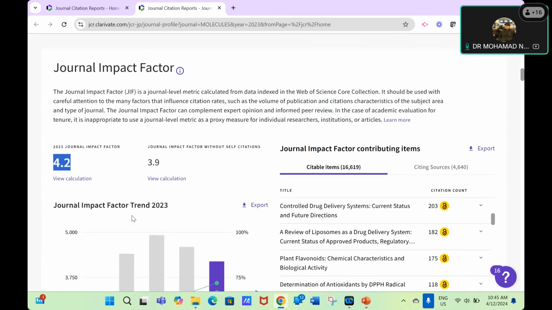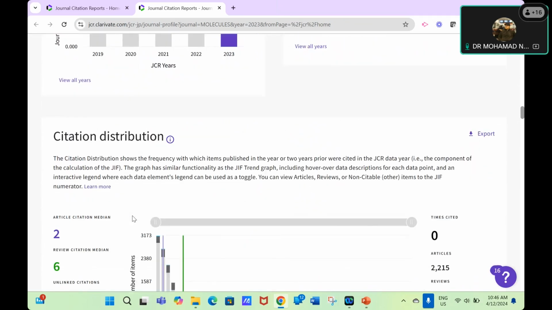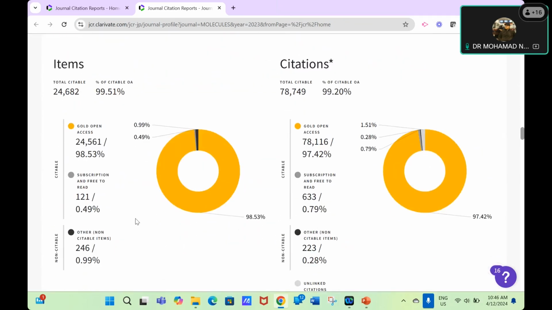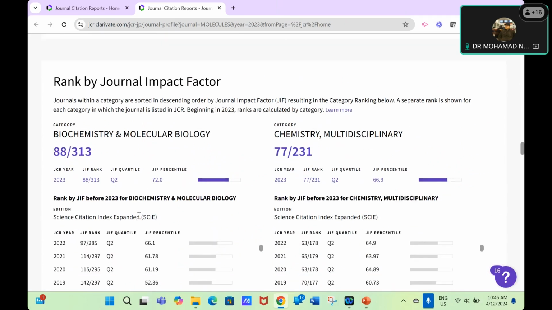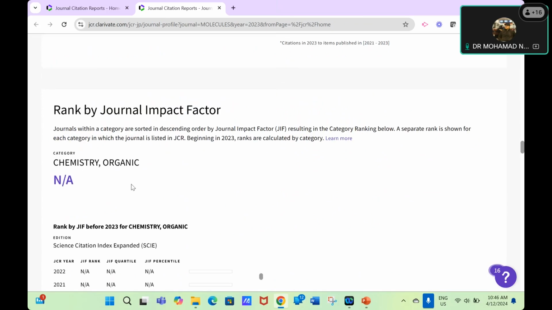And we want to see which quartile this publication is under. It's quartile 2 under biochemistry and molecular biology, also quartile 2 under chemistry, multidisciplinary. Chemistry, organic has not been listed.